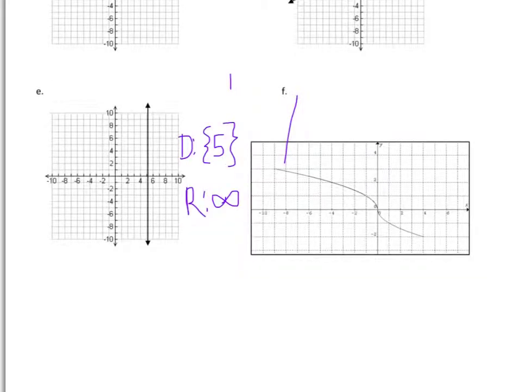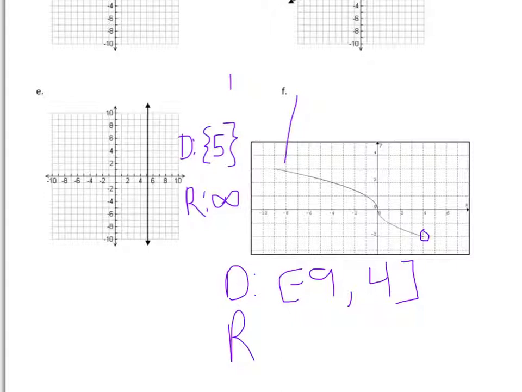And then finally the last one, F. This one has a domain. It looks like it's ending at -9, and it goes as far east or to the right as 4. And there's no bubbles on the end. By bubbles I mean something like that.